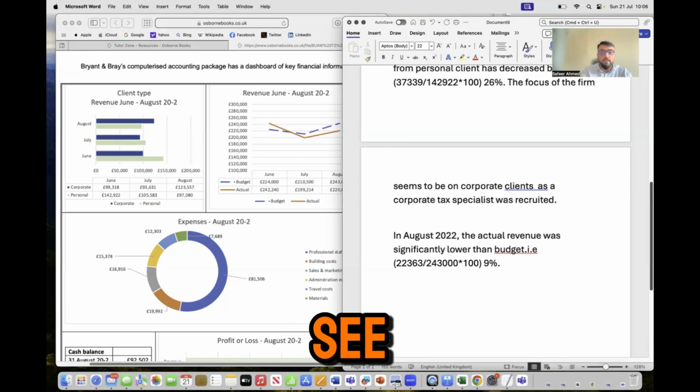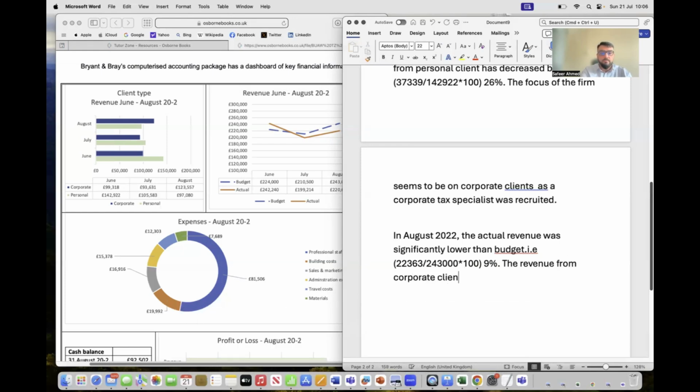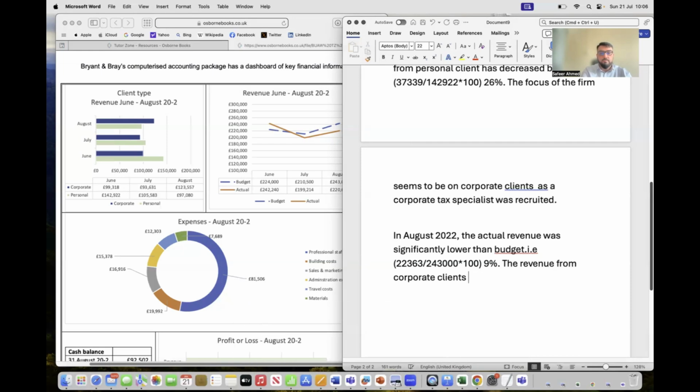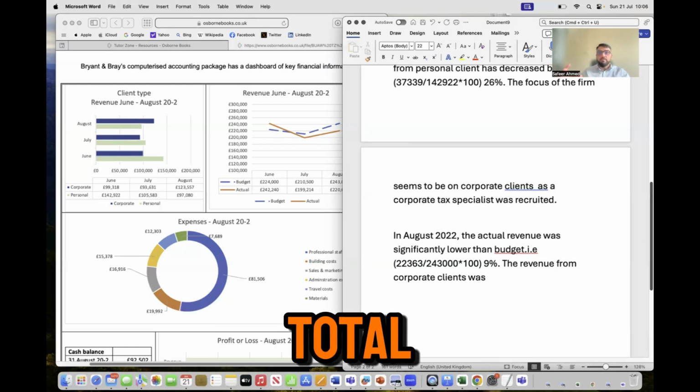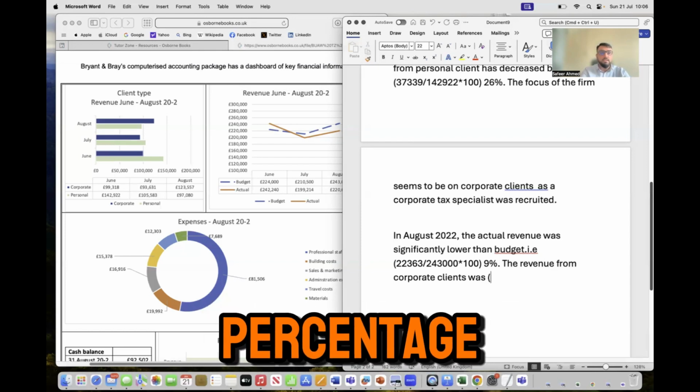So you can say the revenue from corporate clients was, so what was the percentage of the total revenue in that month? So you can calculate the percentage again.